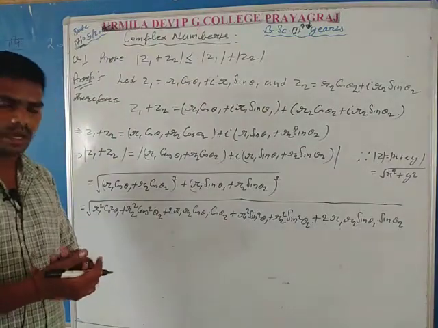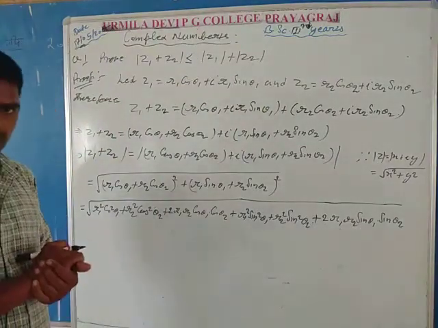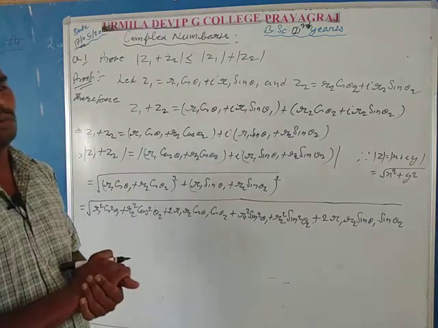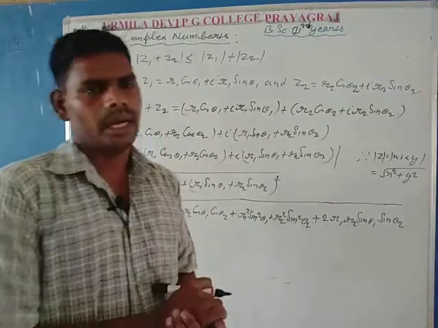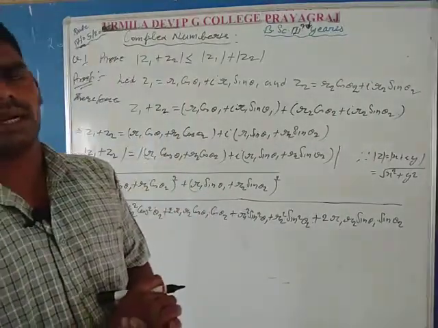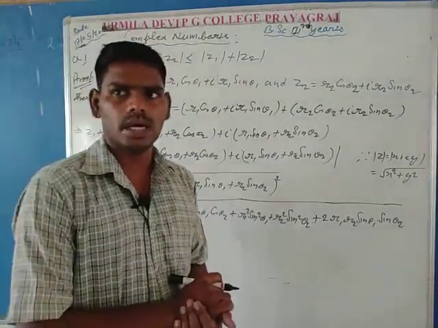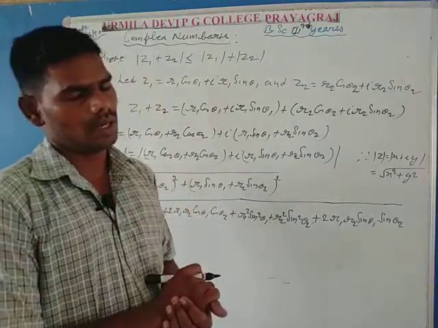So, collecting all r1 square in the first bracket, all r2 square in the second bracket, and in the third bracket all 2 times r1 into r2.